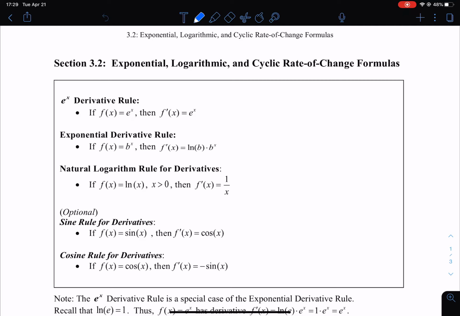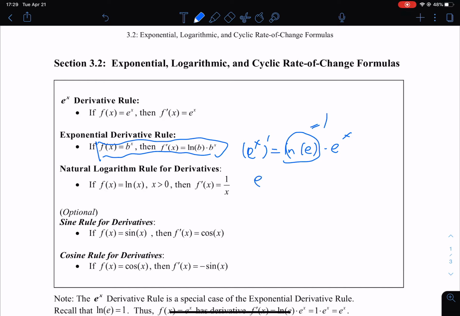The second one is a more general formula, because if we are only given this one, then you can just plug in b as e, then you are going to get e to the x power, the derivative is natural log of e multiplied by e to the x power. So this term is 1. So that's how we get e to the x power's derivative is just e to the x power.